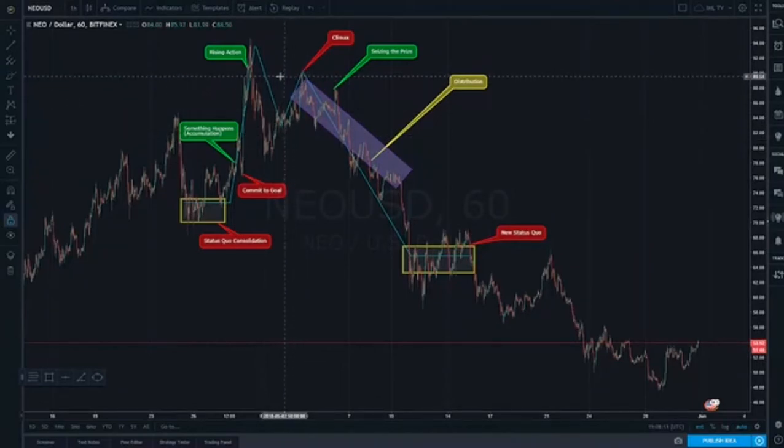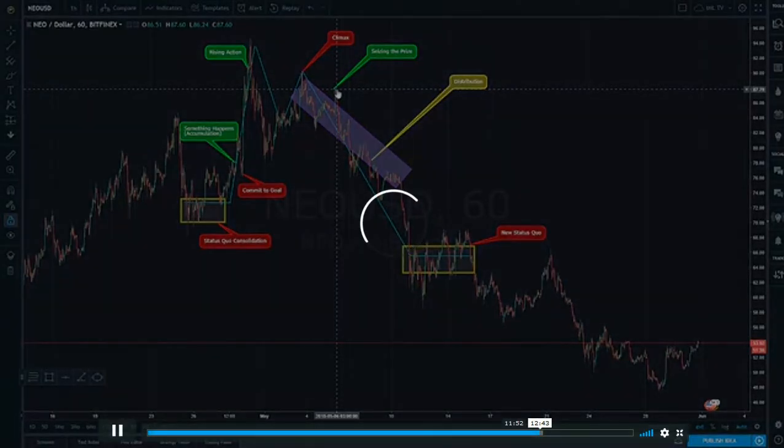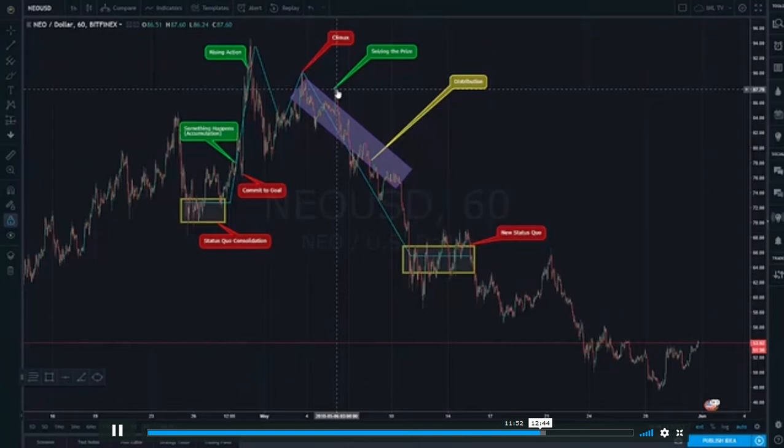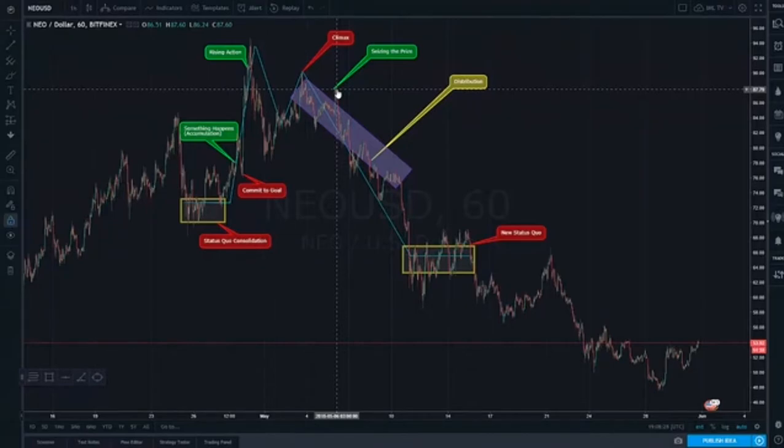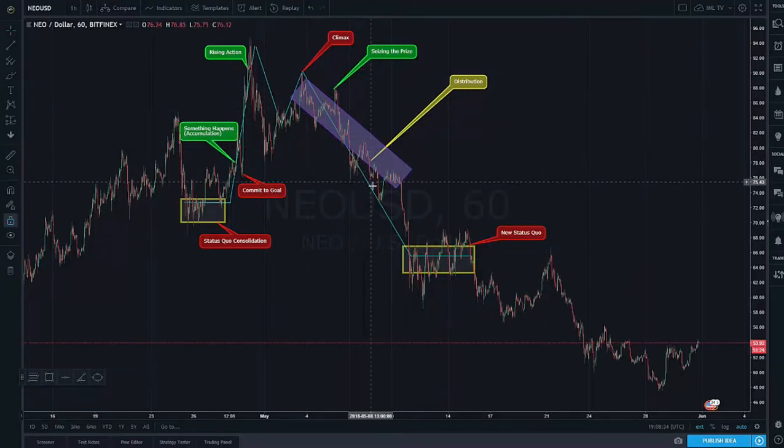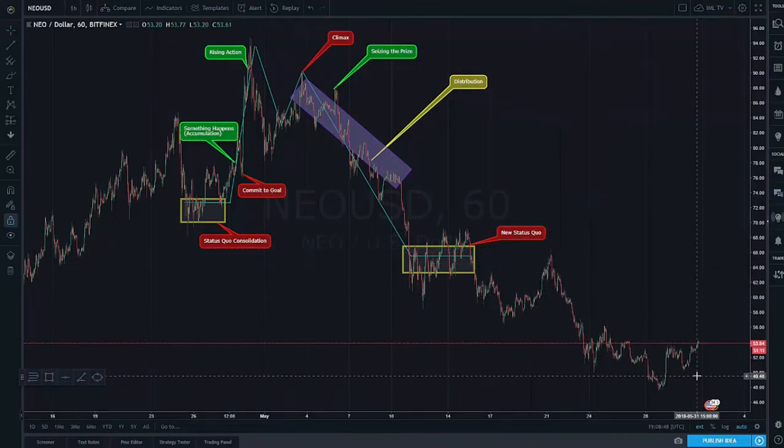And then once we fail to break the level and we retest it once again, the investors that know there is a high likelihood that the price is actually going to go down based off of the confirmations that they have, that is when we see the supply be redistributed back into the market, and we effectively see a new status quo, creating a new trading range, some sideways action until the price decides to go and continue in that direction.